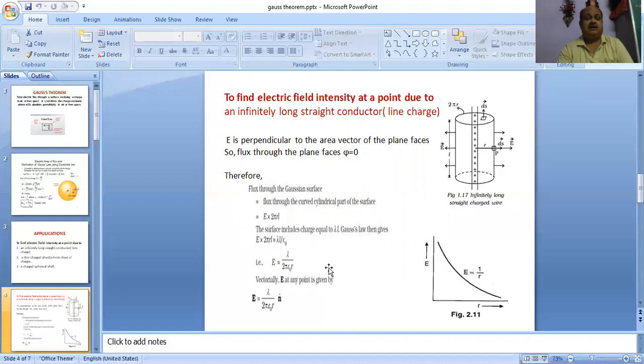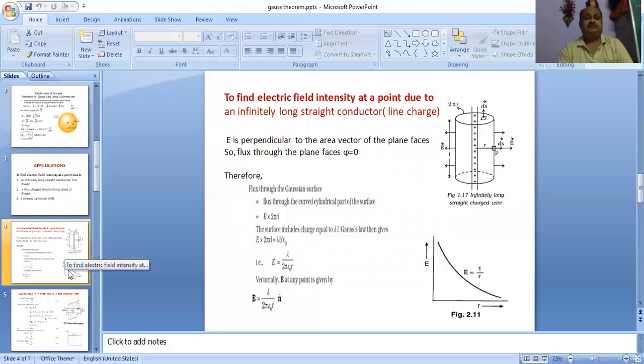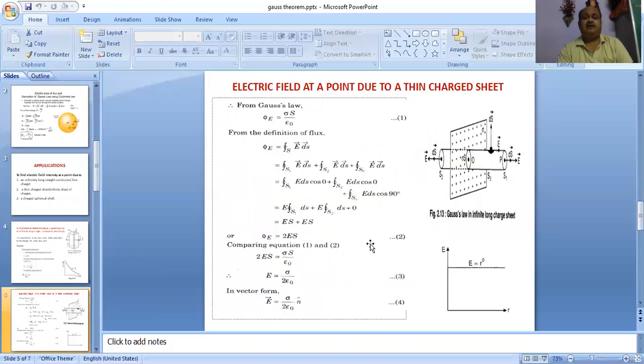Now let us start the second application, that is electric field at a point due to a thin charge sheet.